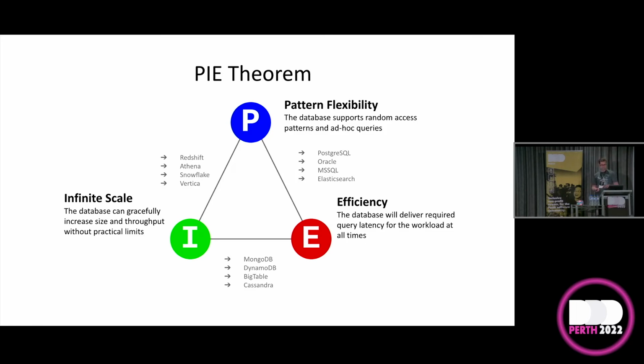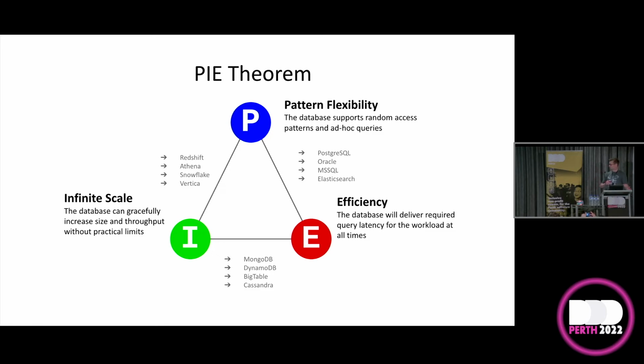So Rick Houlihan introduced this tasty concept called the PIE theorem. You can choose two of these three desirable properties of your data store: pattern flexibility, infinite scale, and efficiency. And Rick called it the iron triangle of purpose. So for some examples, a relational database is a PE system. It's very flexible to query, it's usually quite efficient, but it definitely has a scaling cap.